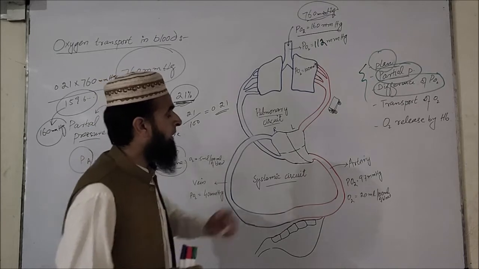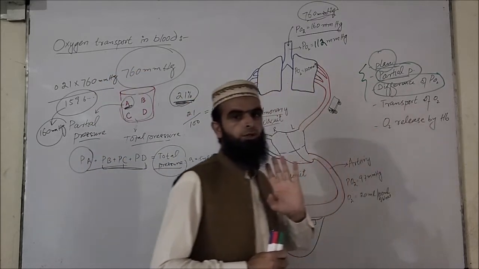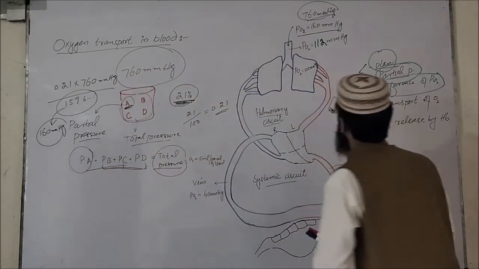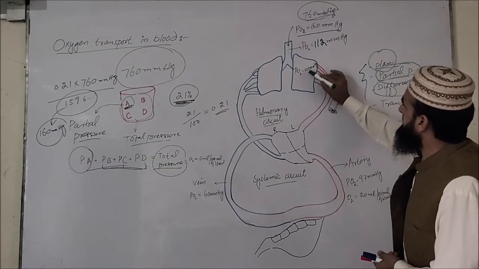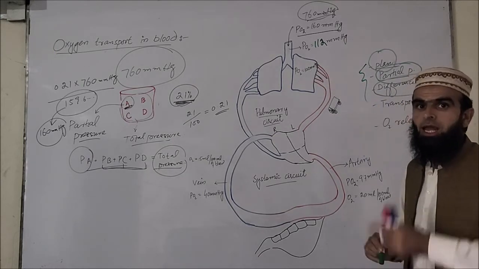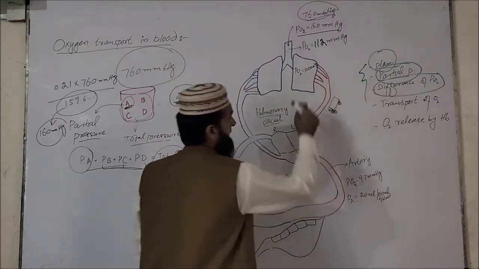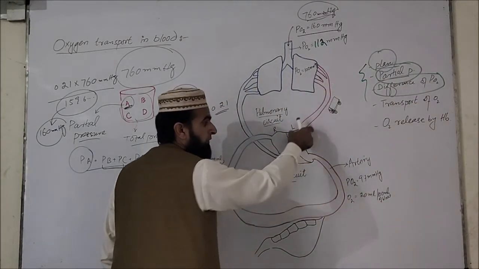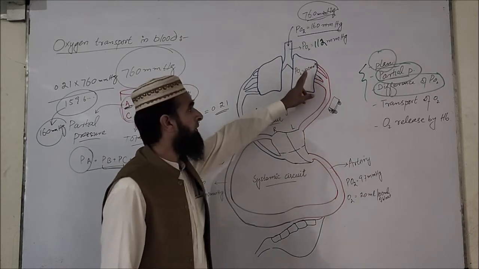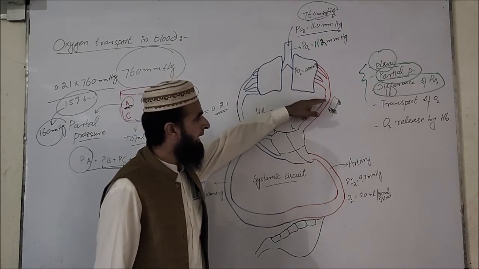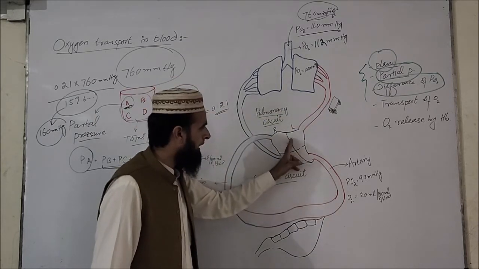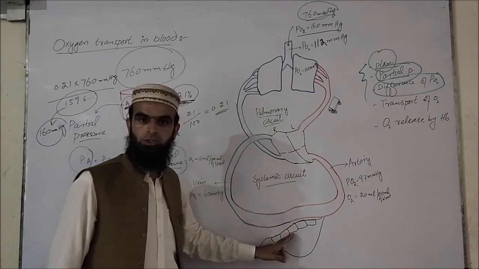Now here we are going to talk about the transport of oxygen. If you look at the partial pressure of oxygen, it is 100 millimeter of mercury here, and we usually study that this partial pressure decreases further when the oxygen leaves the lungs and enters the arterial blood, which is then transported to the heart and then to the different tissues.